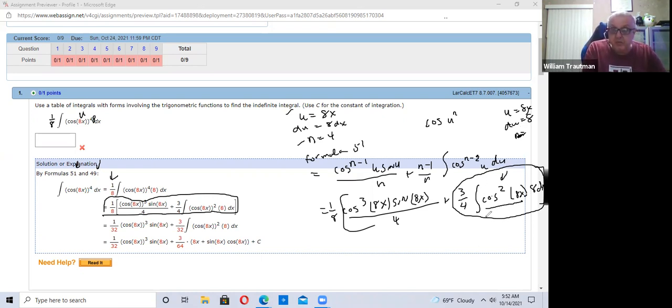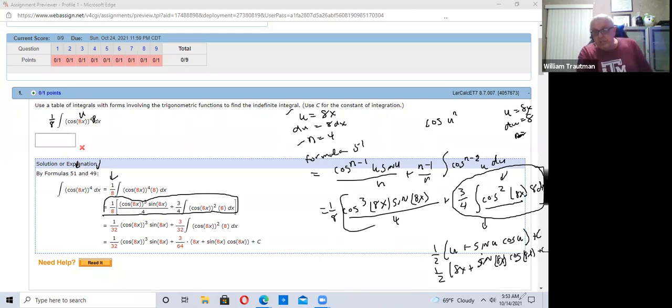And this formula then changes to 1/2 u plus sine u cosine u plus c, and u is 8x, sine of 8x cosine 8x plus c.